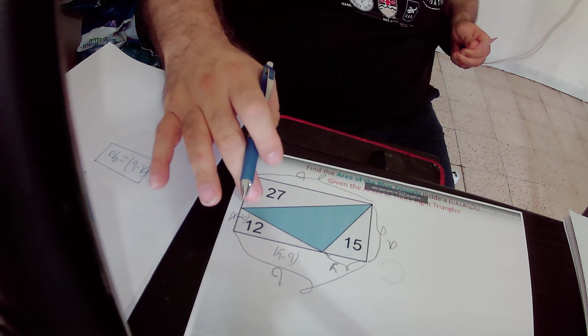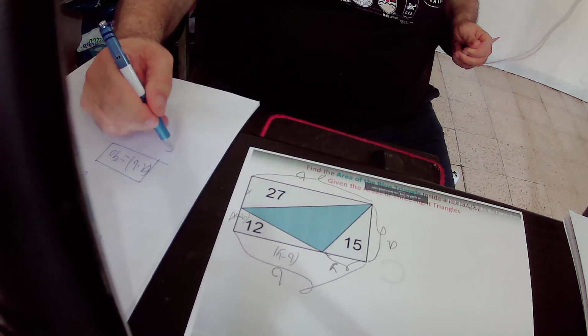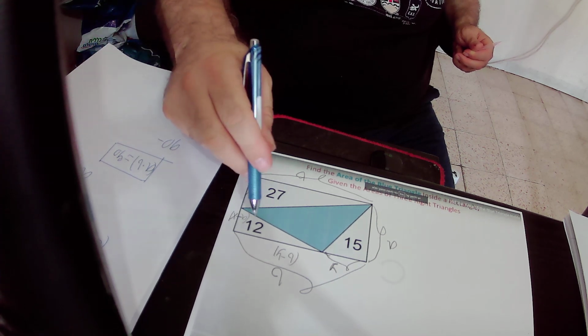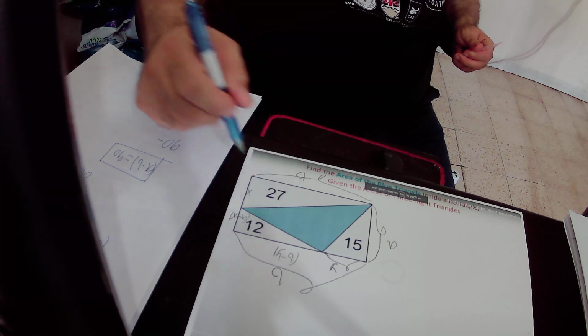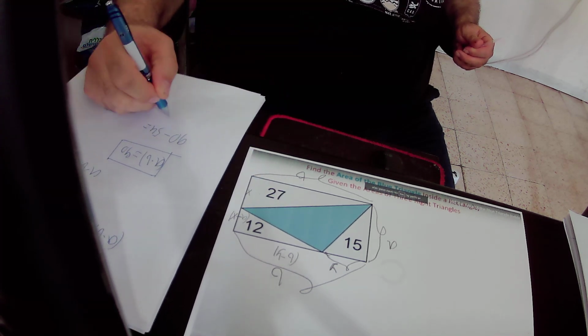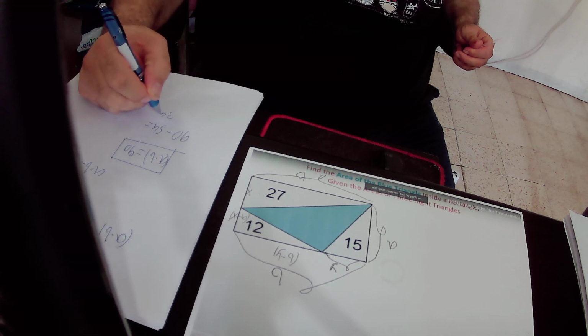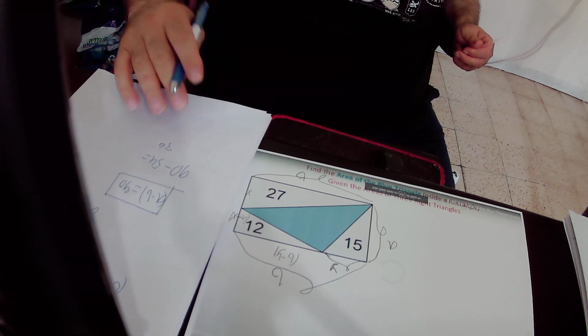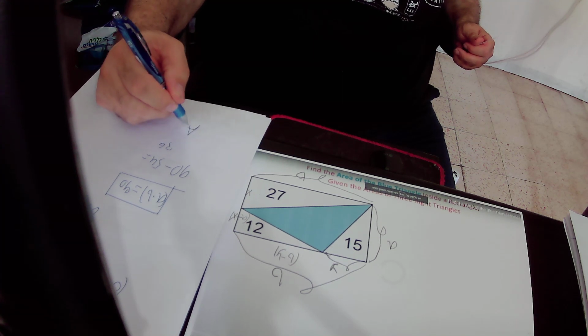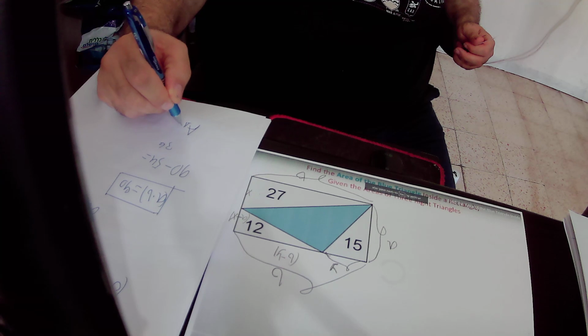So the area of the rectangle that is 90 units minus the sum of the areas of these 3 right triangles that equals 54 units equals 36 units, and 36 units is the area of the blue triangle.